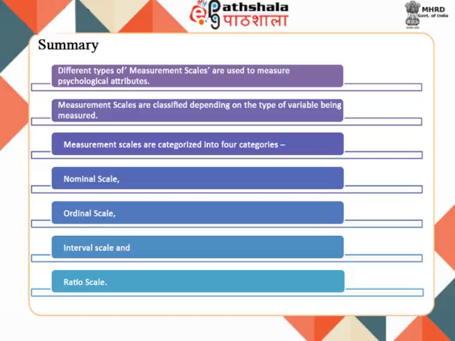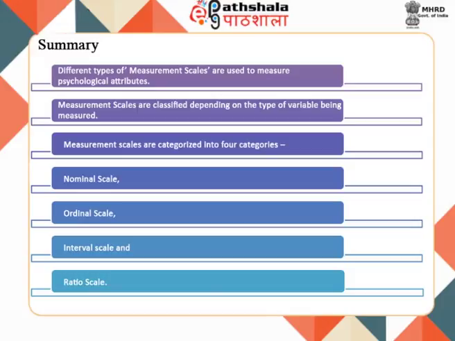Nominal scale represents the lowest form of measurement in which numbers are used to represent categories. In an ordinal scale, a set of objects or people is ranked in ascending or descending order with reference to an attribute. Interval scale is characterized by ranked, ordered numbers along with equivalent difference between the numbers.